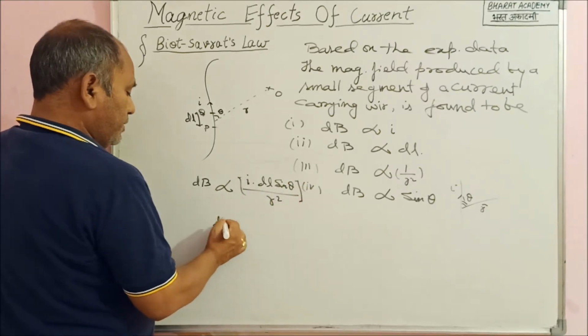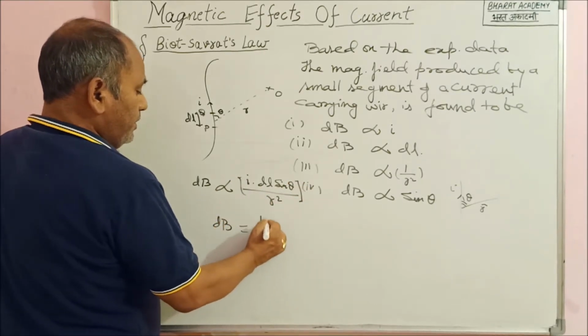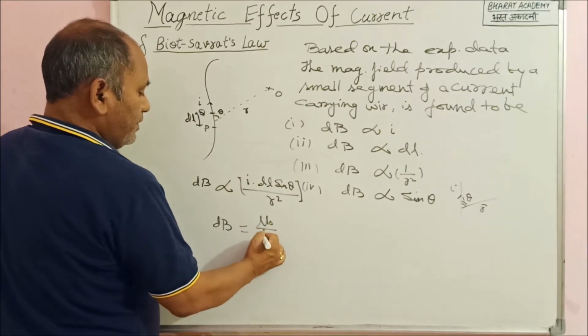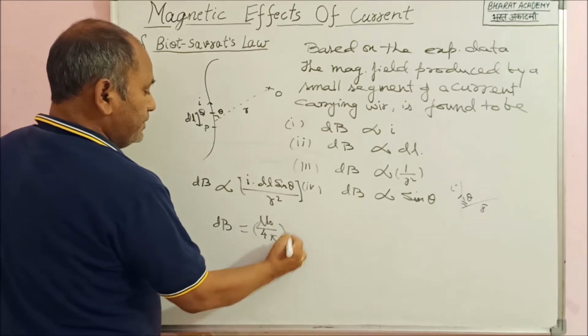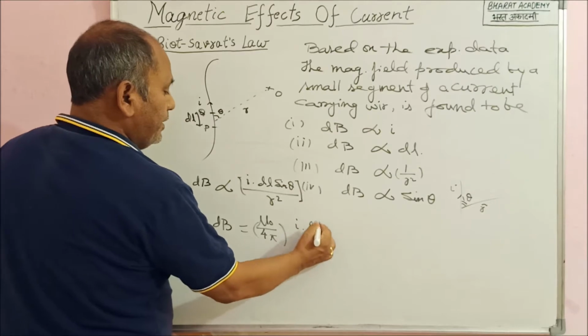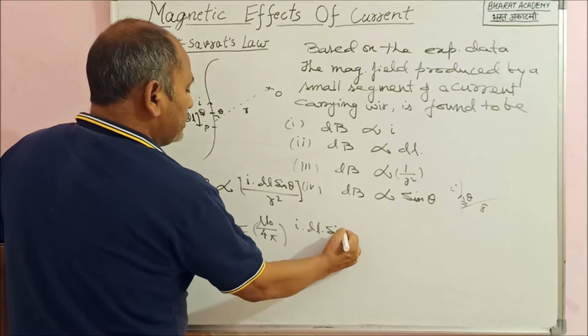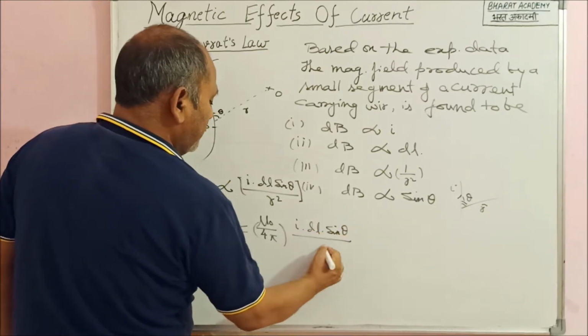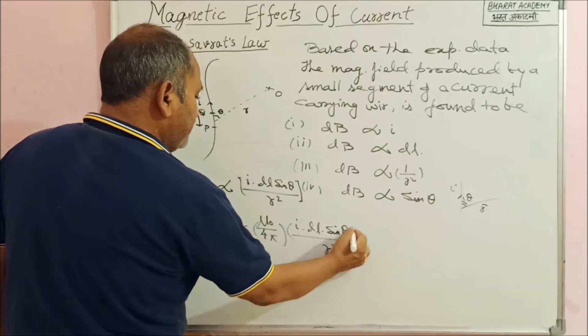And here the constant is mu 0 by 4 pi. So dB equals mu 0 by 4 pi I dl sine theta by r square.